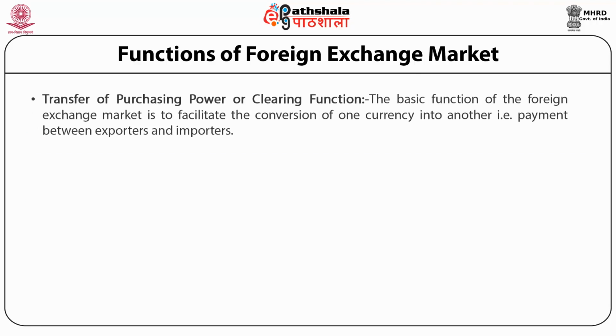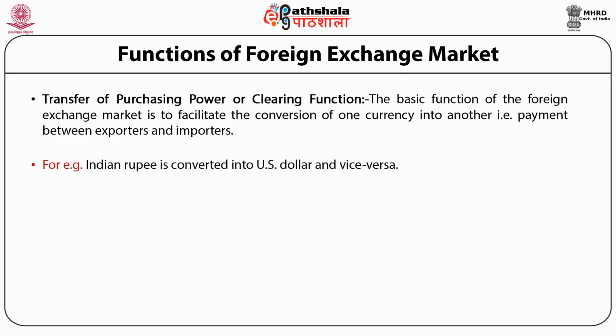First is transfer of purchasing power or clearing function. The basic function of any foreign exchange market is to facilitate the conversion of one currency into another, that is, payment between exporter and importer.